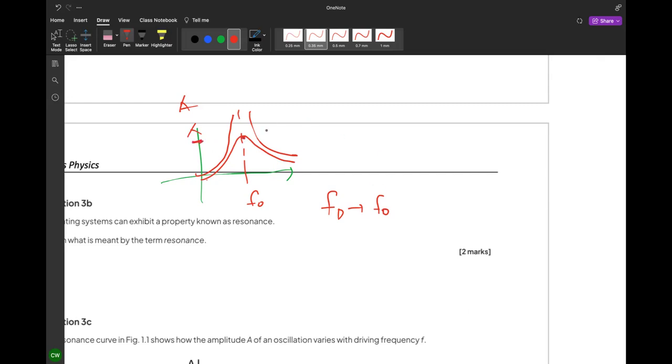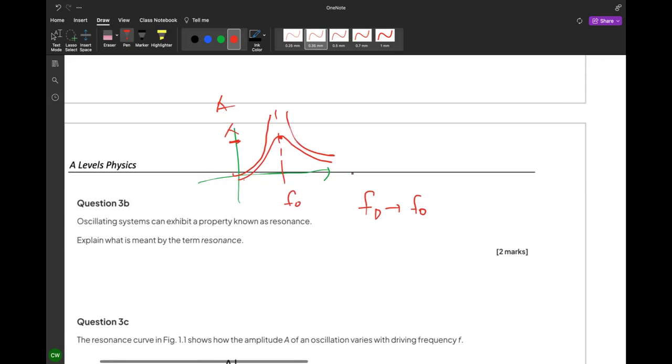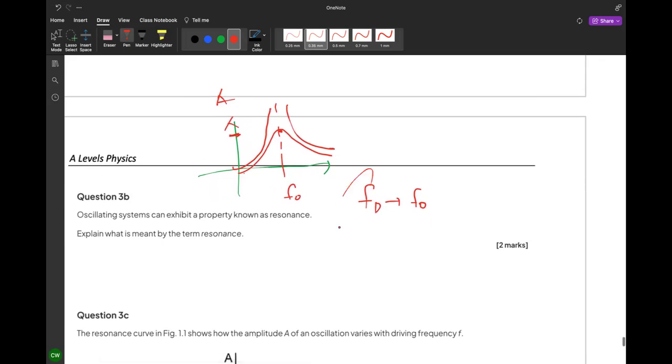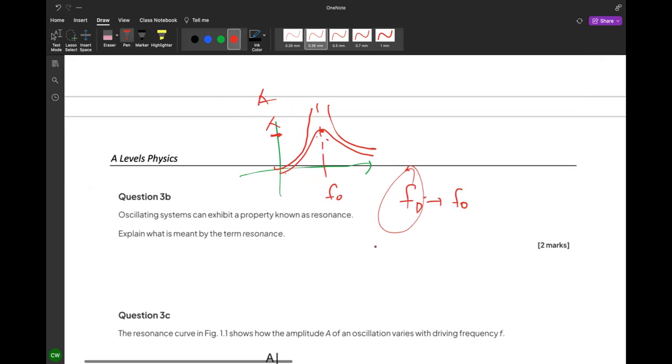Then the energy starts transferring. The system will gain energy from where? From the driving force. The system gains energy from the driving force and is vibrating at the maximum amplitude. This happens when this equals this. Resonance occurs.